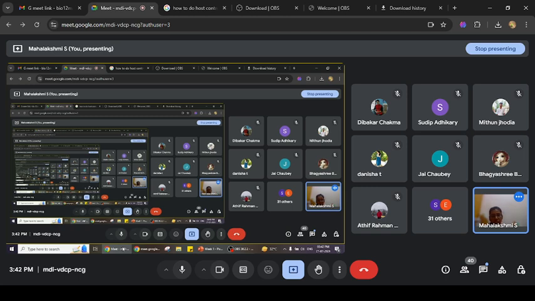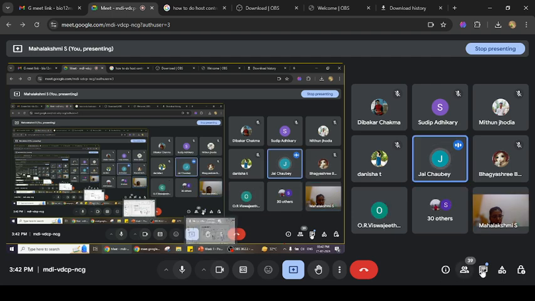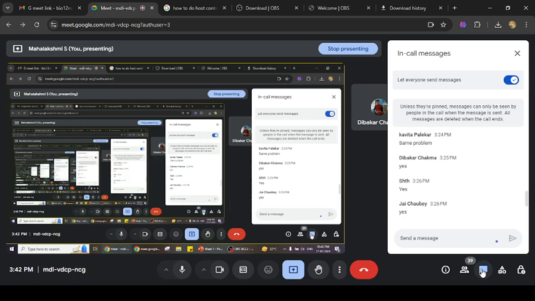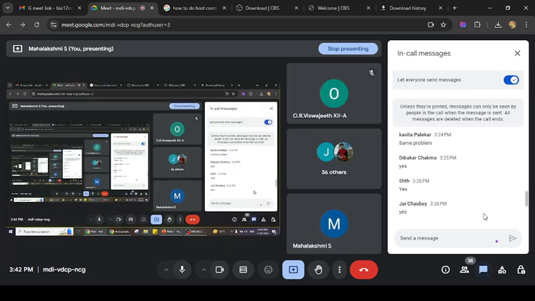You can interact. You can also send messages in the chat box. What is particulate matter? No one knows it. The pollutants which are in air or in water, that matter.